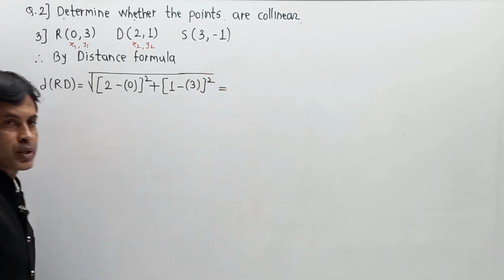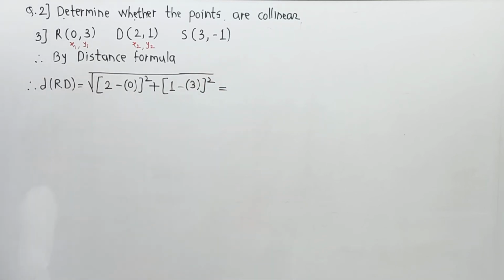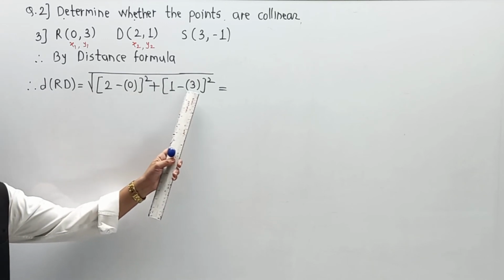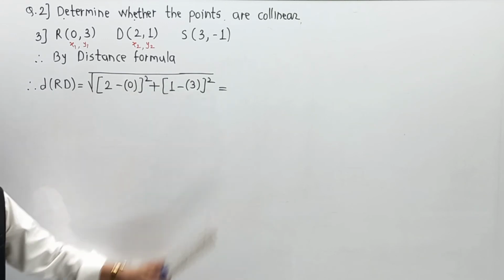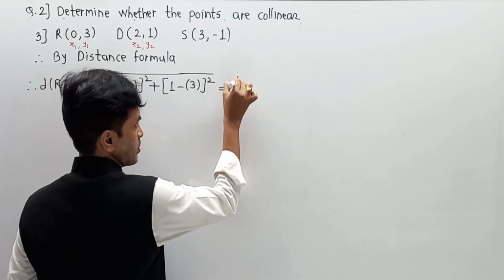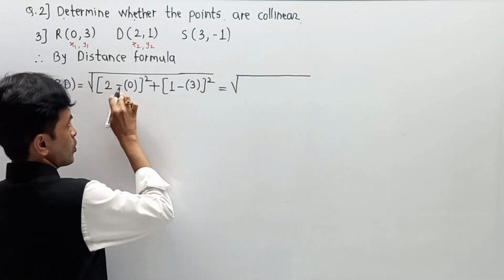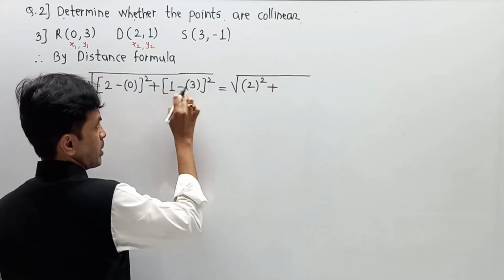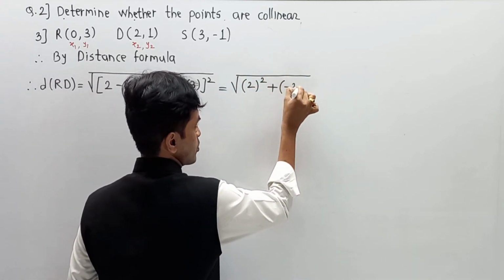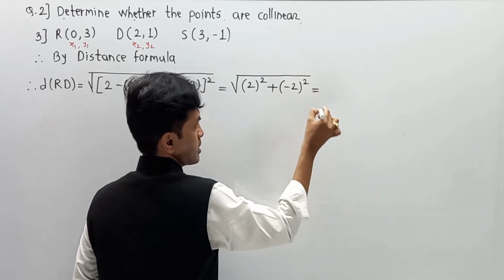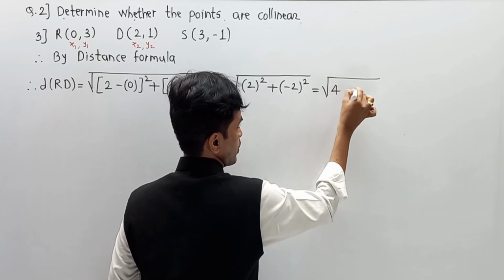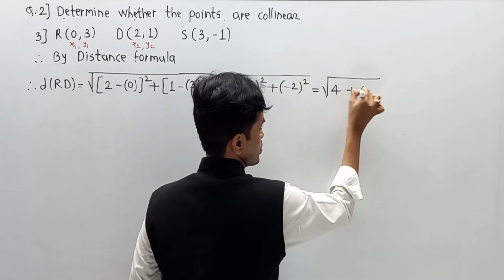Now here we are going to do simplification of that. 2 minus 0 means 2 and 1 minus 3 means minus 2. So simplification becomes 2 square plus minus 2 bracket square, that is 4 plus 4.